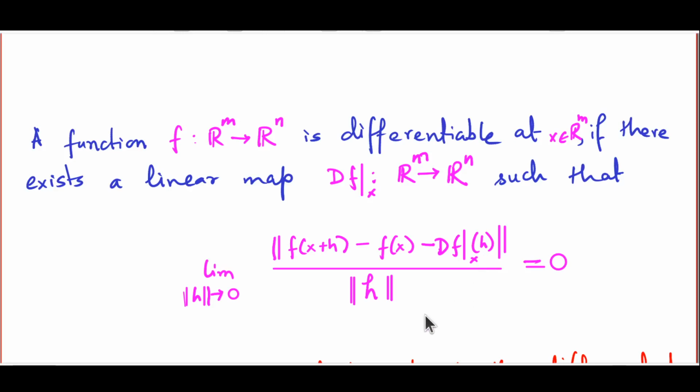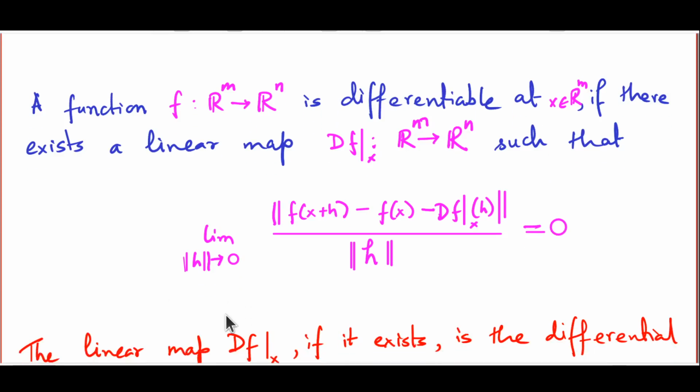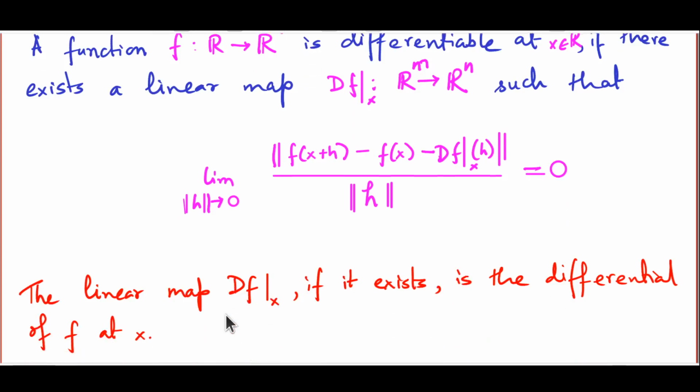The smallness is captured by the fact that if you take the difference, take its modulus and divide that by the length of the displacement h in the argument, this ratio goes to 0 in the limit where mod of h goes to 0. And this linear map df at x, if it exists, is called the differential of f at x. And so this differential is a linear map which carries a change in the argument to an approximation of how much the function itself changes.